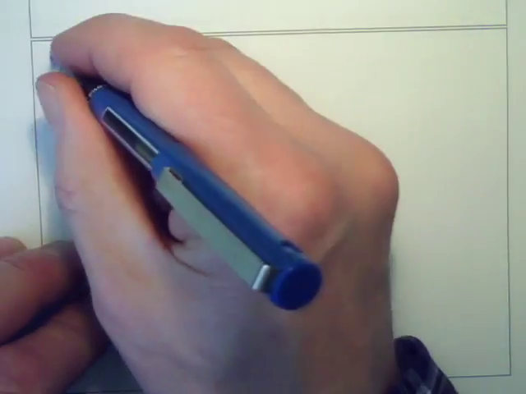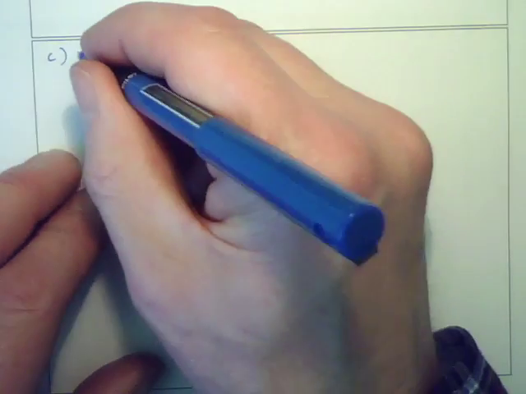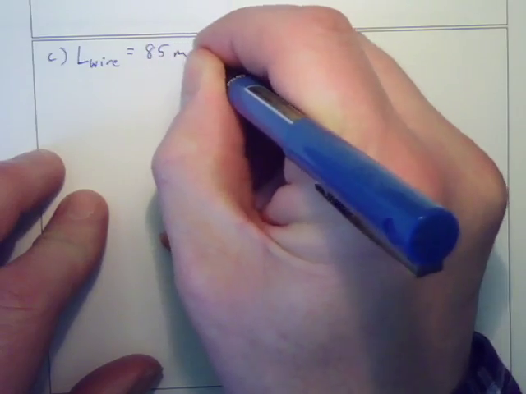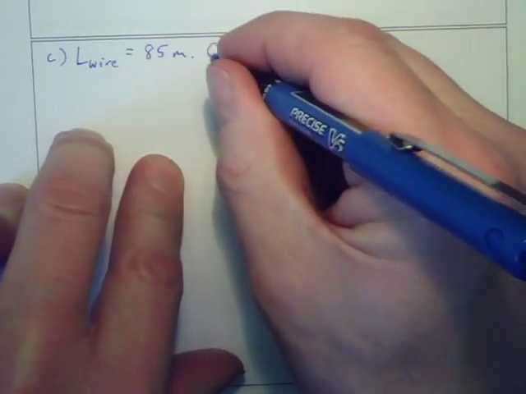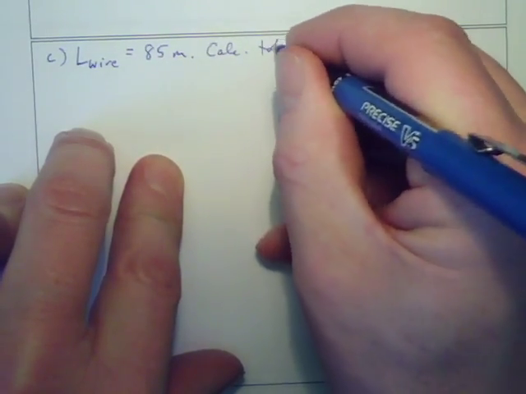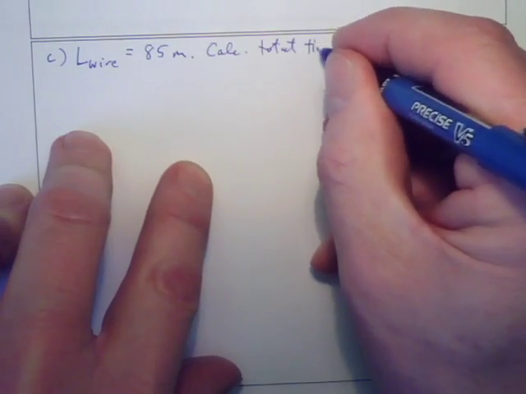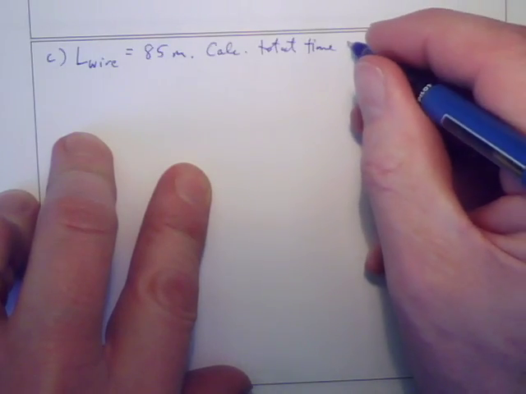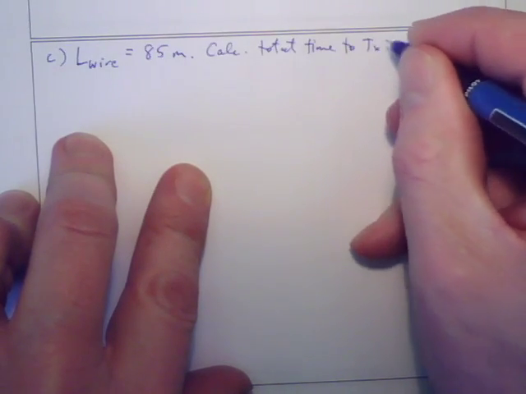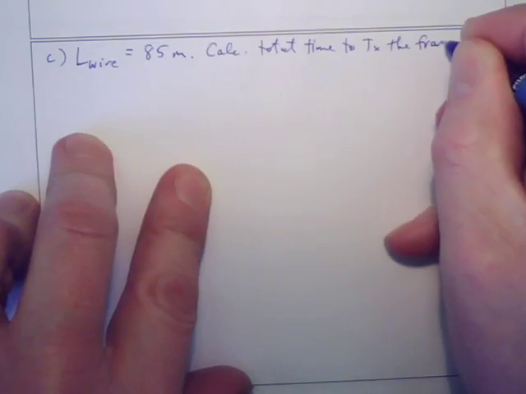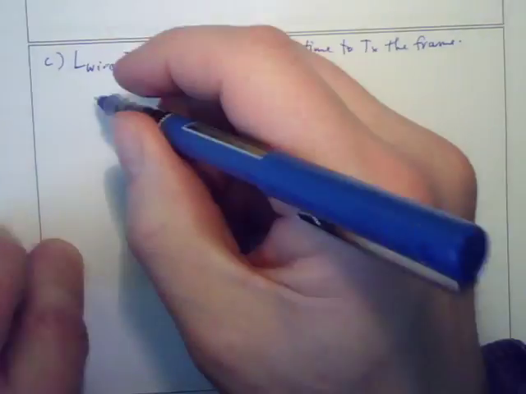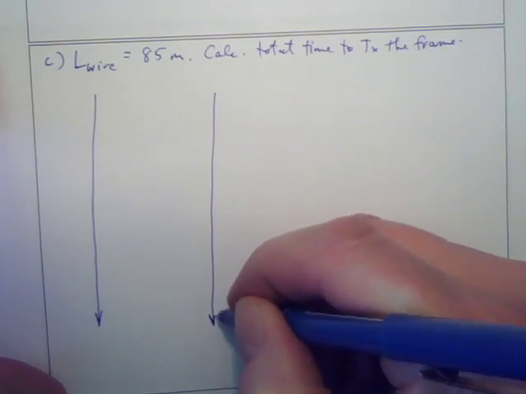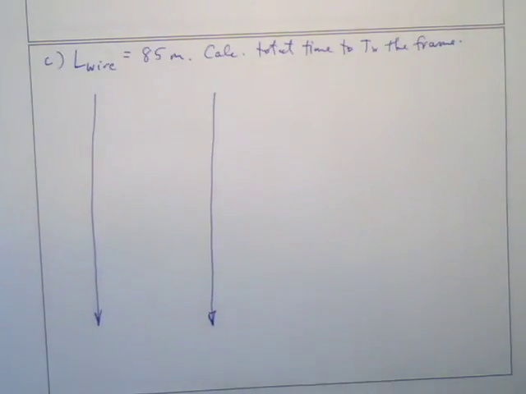For part C, it says now the length of the wire is 85 meters. Calculate the total time to transmit the frame. And what we're going to do is draw a diagram that shows time and shows our two stations 85 meters apart.